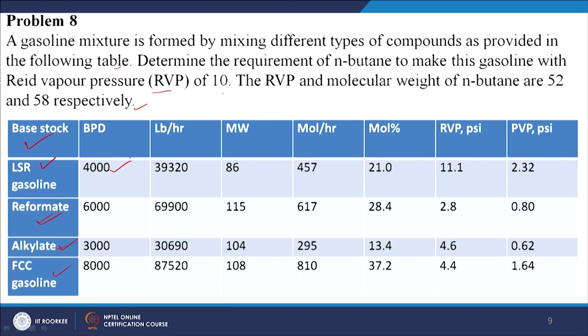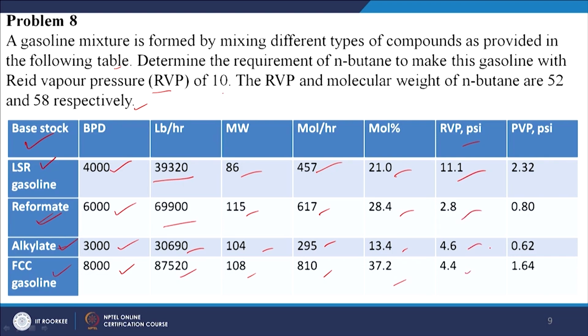So, it is 4000, this is 6000, 3000, 8000. These are the productions, we will mix them and then we will get some mixed gasoline. In this, BPD is converted to pound per hour, and mole per hour is this one, and mole percent is given. The Reid vapor pressure for each component is given here also.